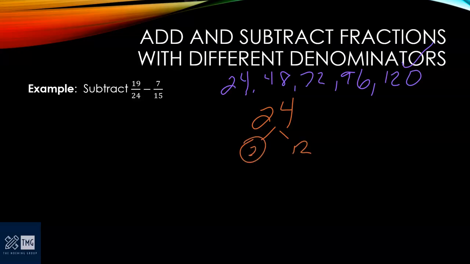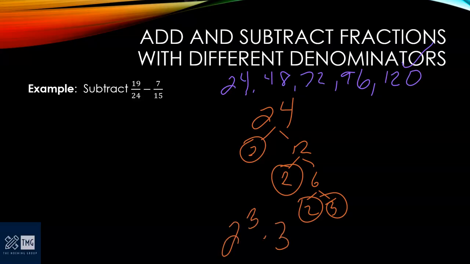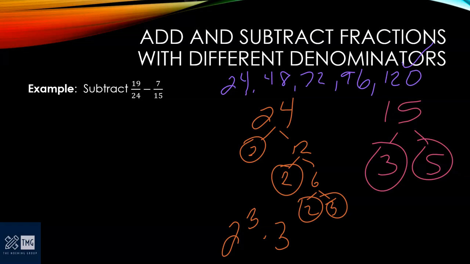So 24 is 2 times 12, 12 is 2 times 6, 6 is 2 times 3. So 2 cubed times 3 gives me 24. Next, 15 is 3 times 5. Okay, so for our least common multiple, you're going to need all of the prime numbers to the highest exponent.